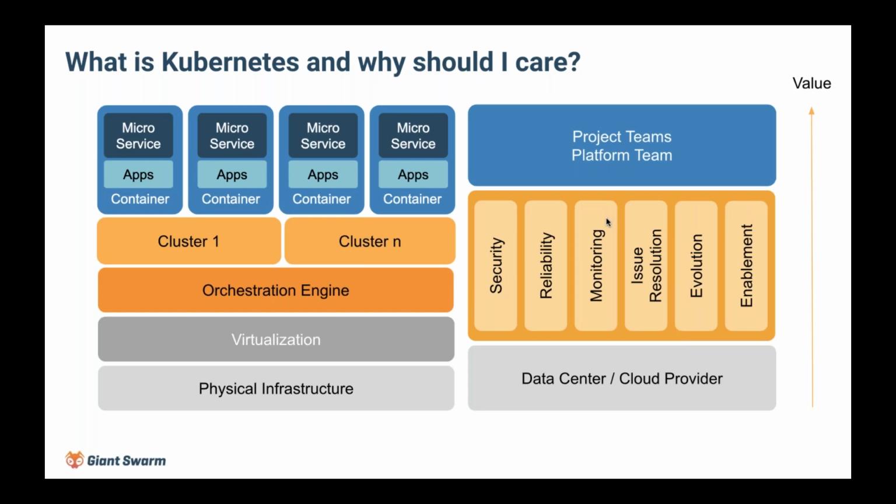So Kubernetes doesn't exist all by itself. There are lots of other technologies that go with it. So you need a Calico, for example, for networking, a Flatcar for the operating system.